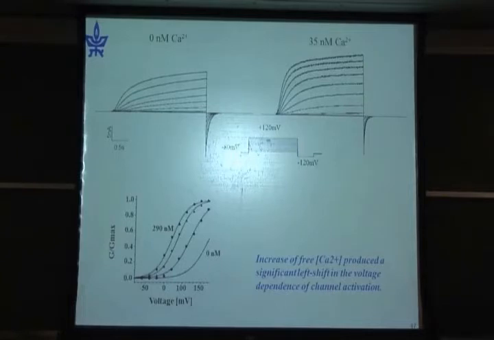You can titrate this left shift, and this is a huge sensitivity to an increase in intracellular free calcium. In a way, this IKs current behaves like a BK channel. So it's very sensitive to voltage, but also very sensitive to increases in intracellular free calcium.